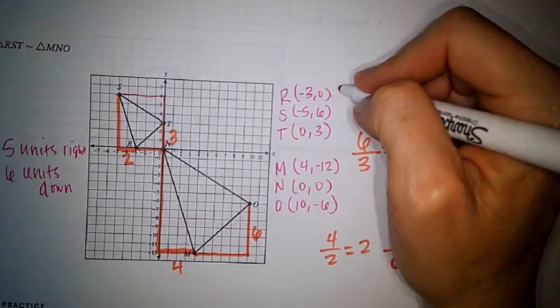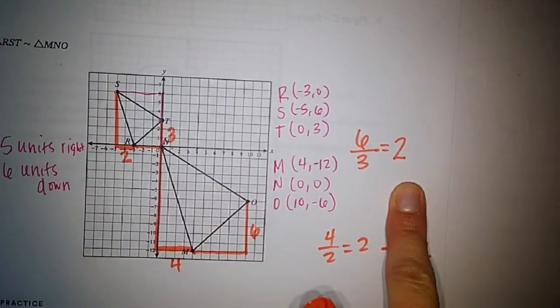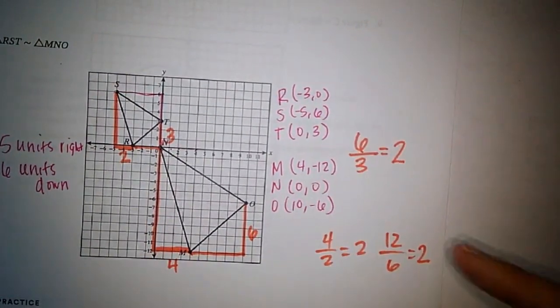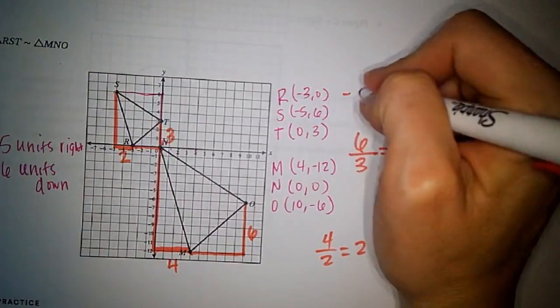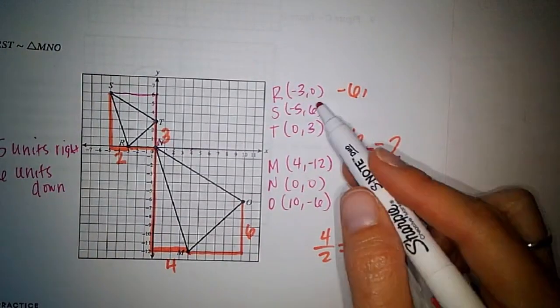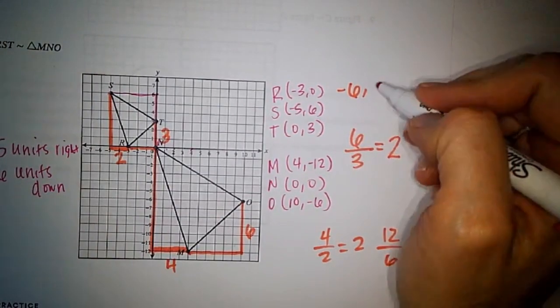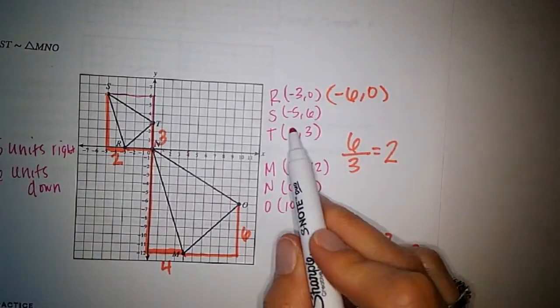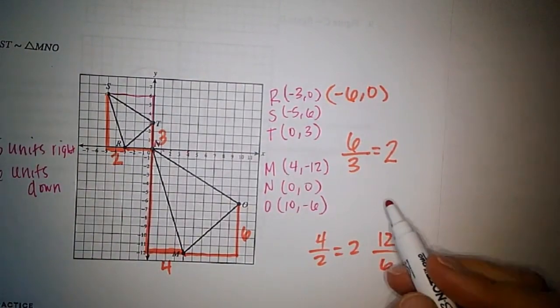Negative 6, comma, what's 2 times 0? Okay, what's negative 5 times 2? What's 6 times 2? And what's 0 times 2? 3 times 2?